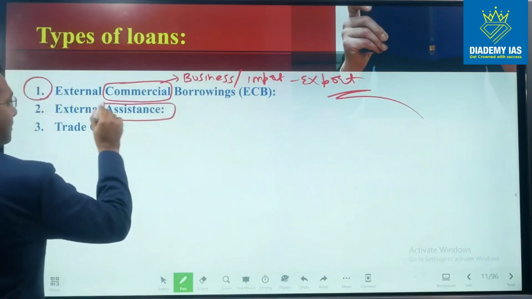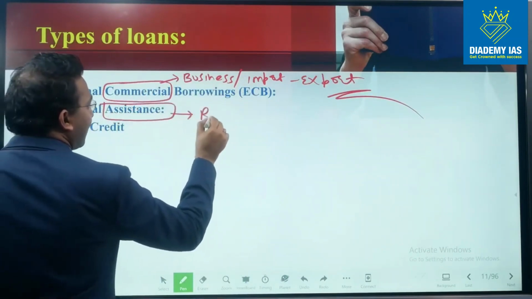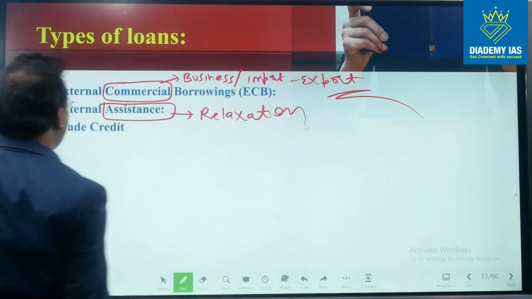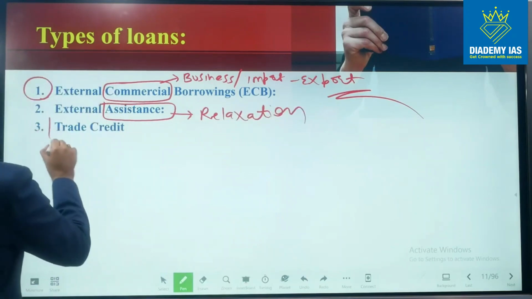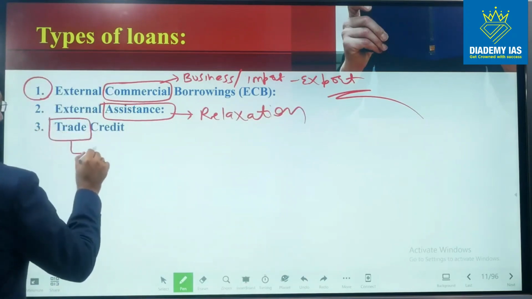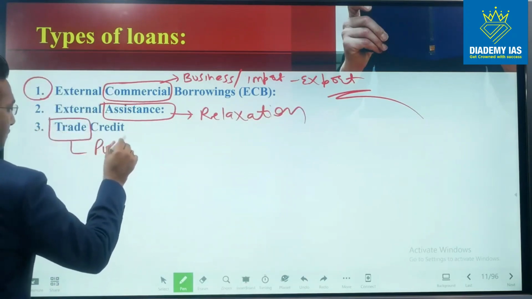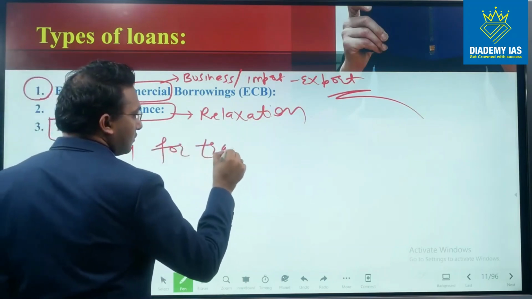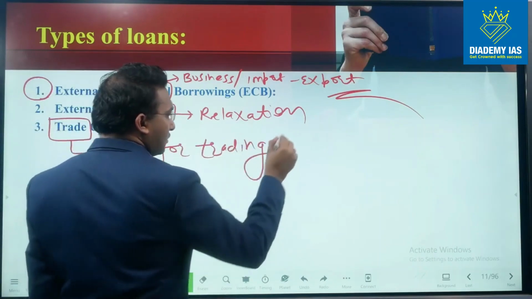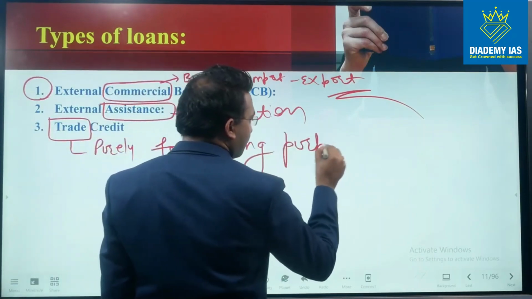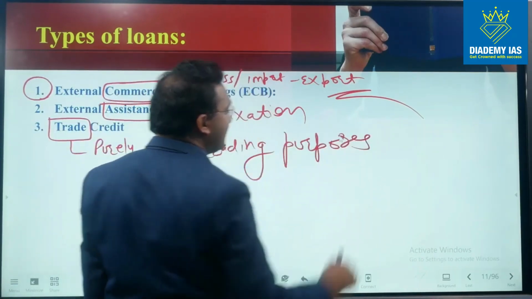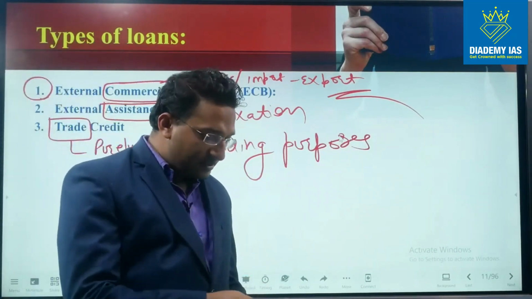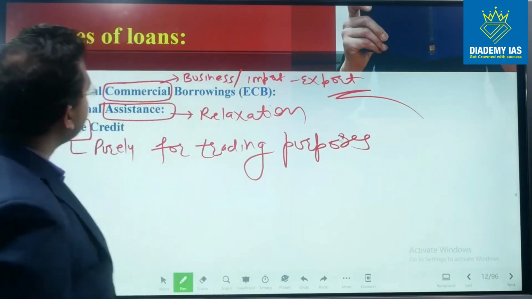Assistance means there is some kind of relaxation. And third, trade credit. So this is purely for trading purposes. So these are the three primary categories of loans. Now we will discuss each one of them in detail.